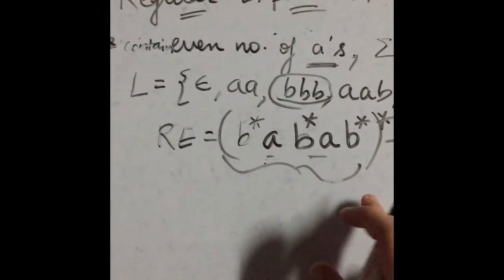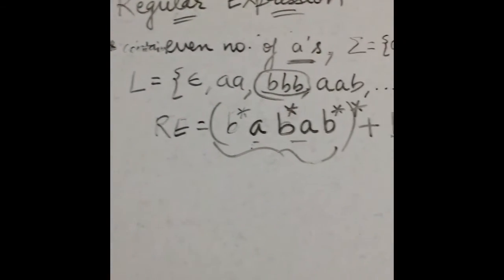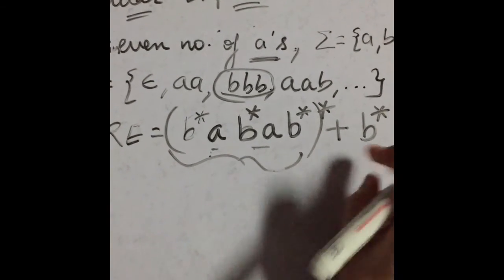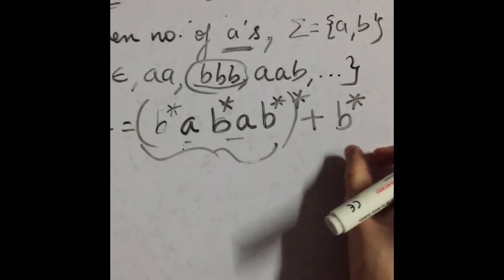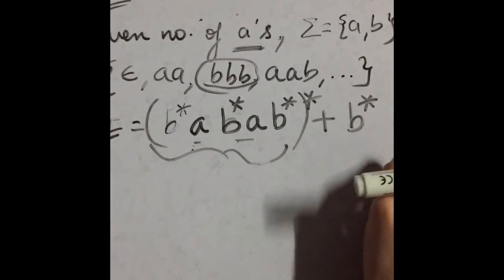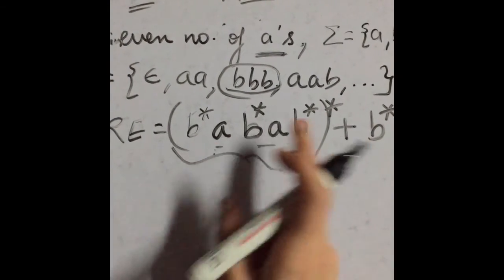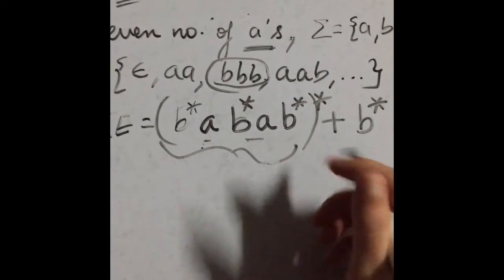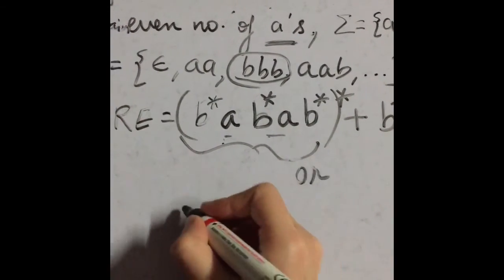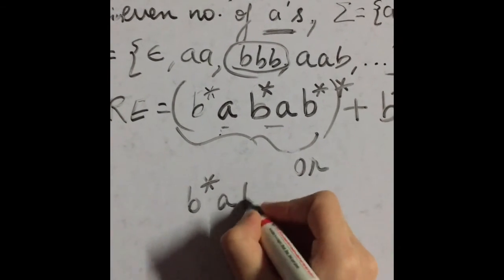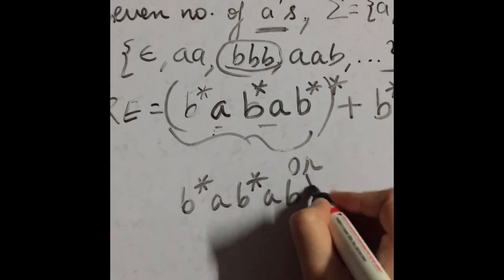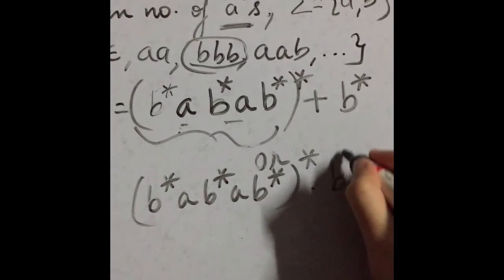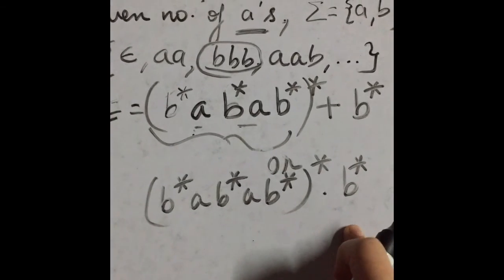So this is the regular expression for strings containing an even number of a's. It is a union: either only b's or null, 2 a's, 4 a's, 6 a's and so on. You can also write it as (b star a b star a b star) whole star concatenated with b star, because we don't care about b's.